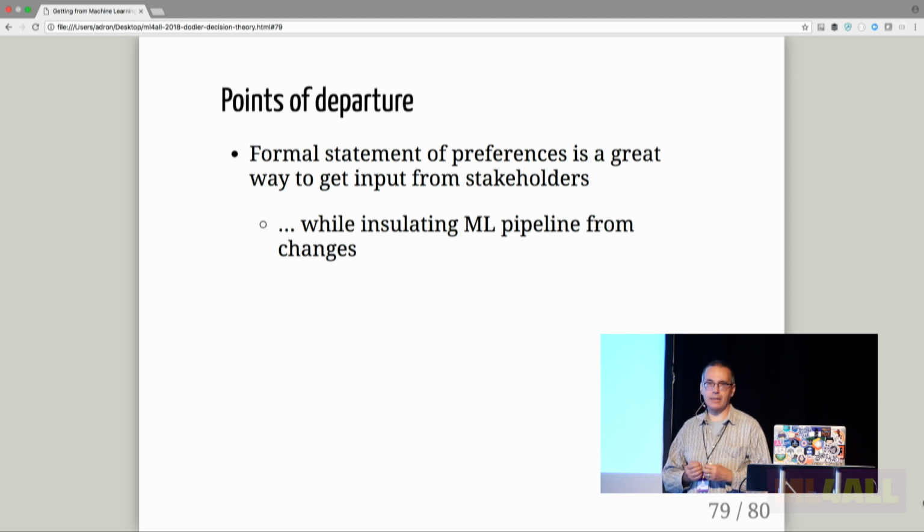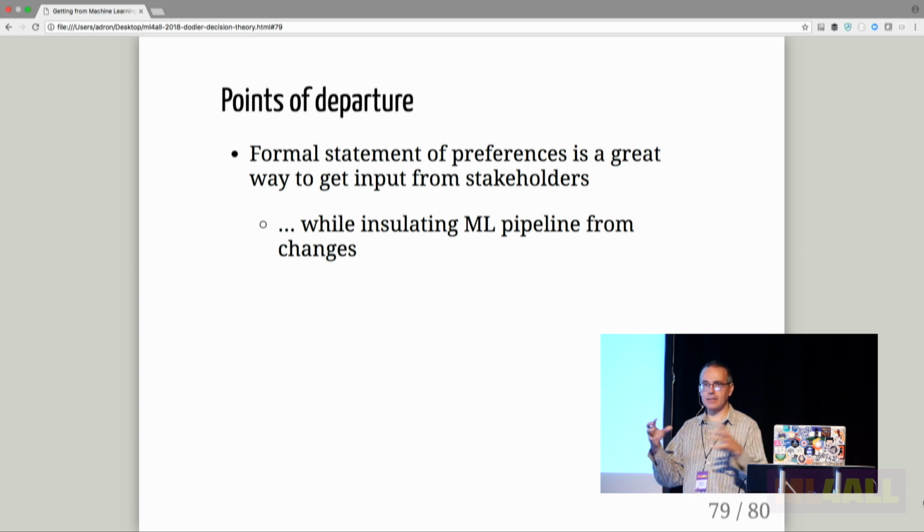I believe that the formal statement of preferences is a great way to get input into the process from stakeholders, and at the same time, this is insulating the large mass of the machine learning code from changes.